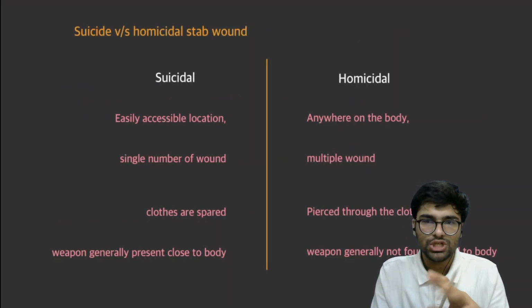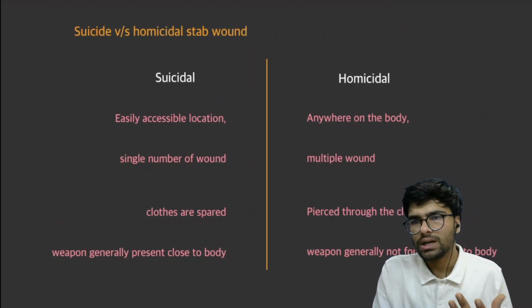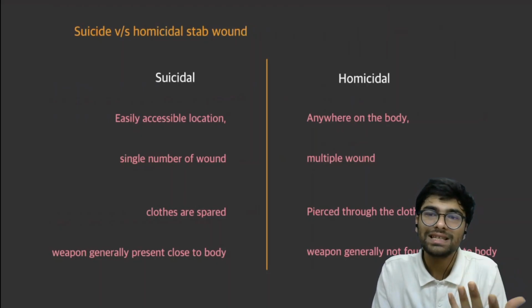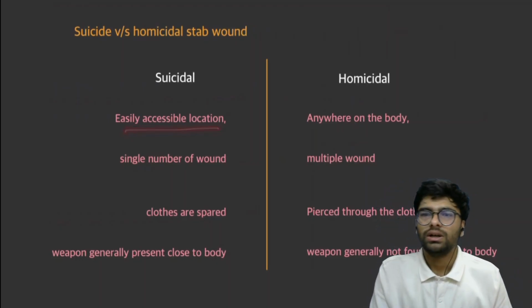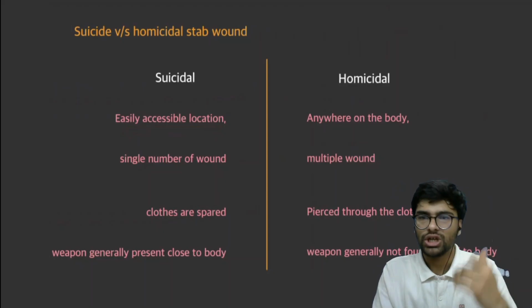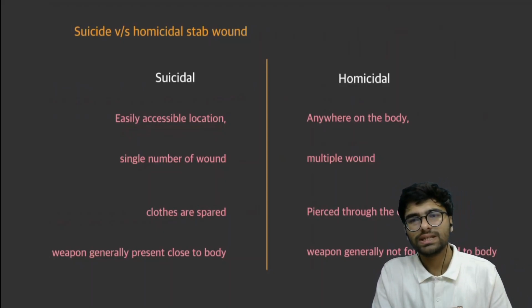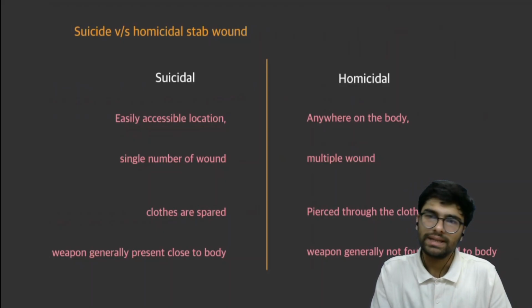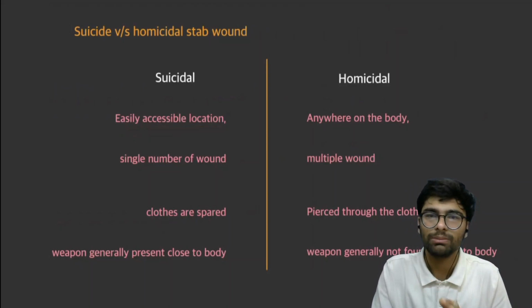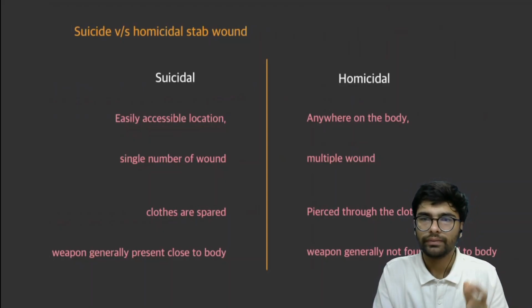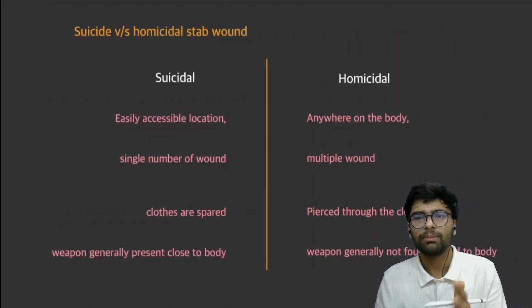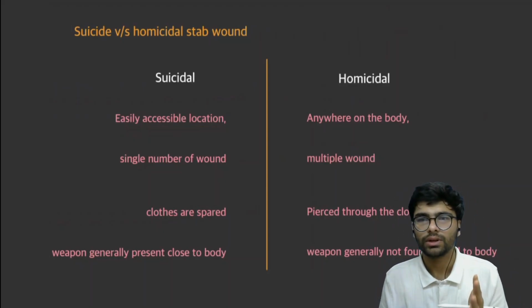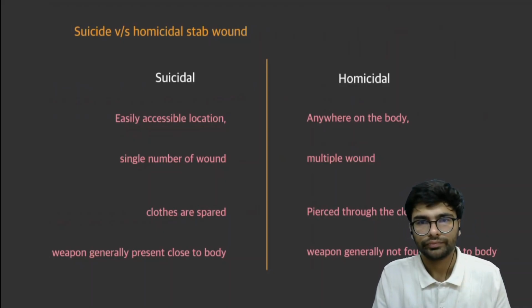When it is suicidal, the wound is generally on an accessible location of the body. So it is not present in hard-to-reach positions like buttocks or leg. Most commonly, 99%, it is the abdomen, the most accessible location for suicide. And in homicide, it can be anywhere on the body. The attacker may attack from anywhere.